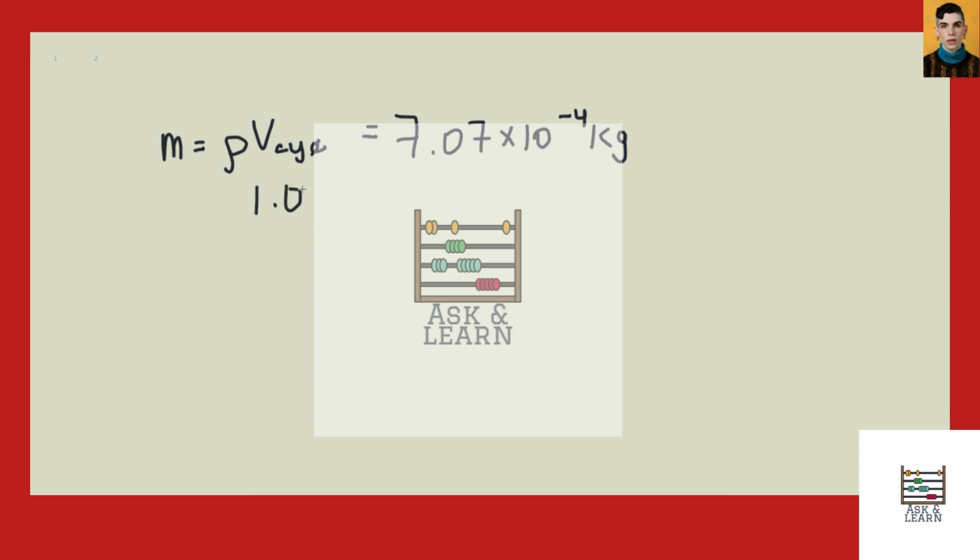So I'll label that percent increase equals 1.02 times 10 to the minus 3 kilogram divided by 7.07 times 10 to the minus 4. Sorry, let me just double check something.